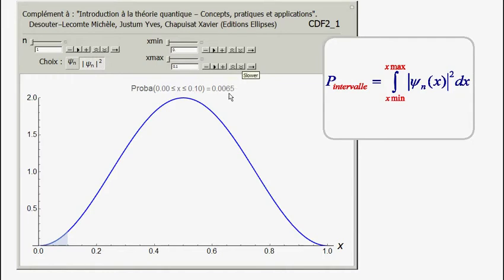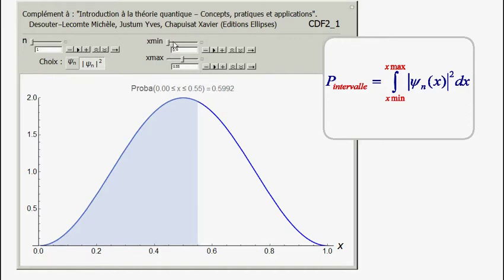The probability of localizing the particle is very, very small. Now, we may move the interval to the middle of the trap while keeping the same width, which is here 0.1.